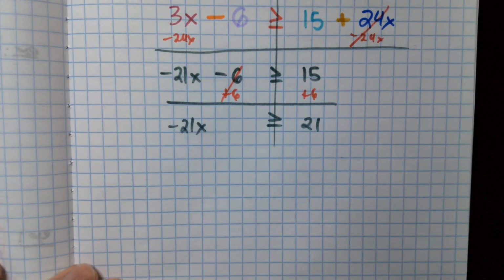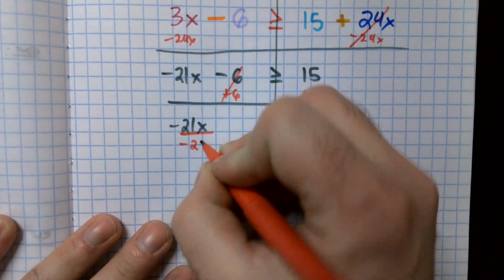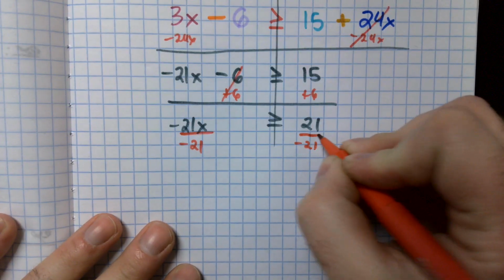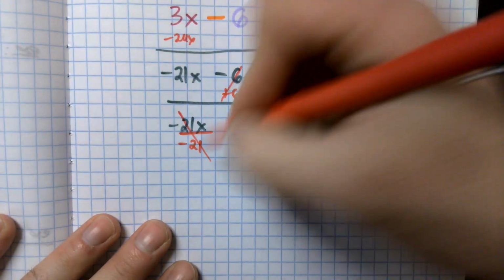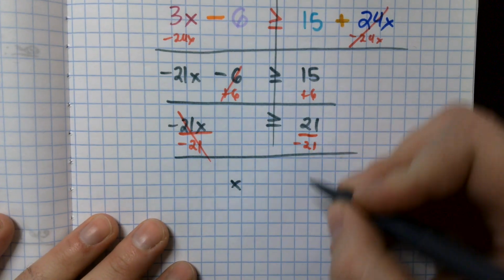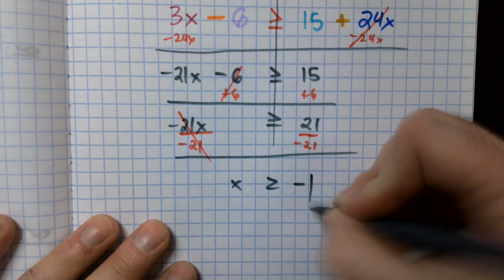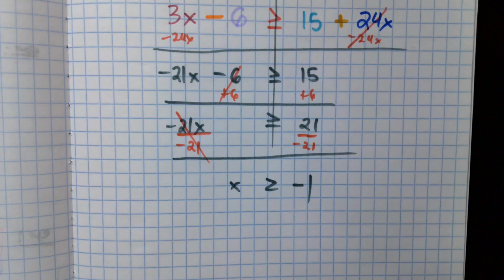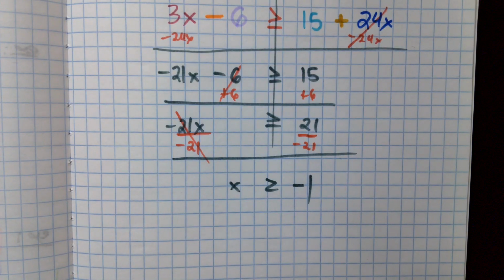What's the last thing I need to do here to get x all by itself? Divide both sides by negative 21. What's 21 over negative 21? Negative 1. And that's what we get. Right?